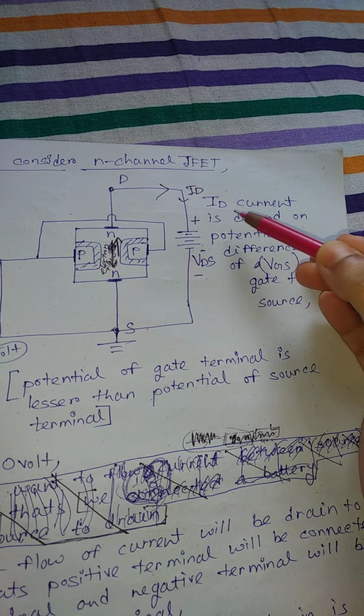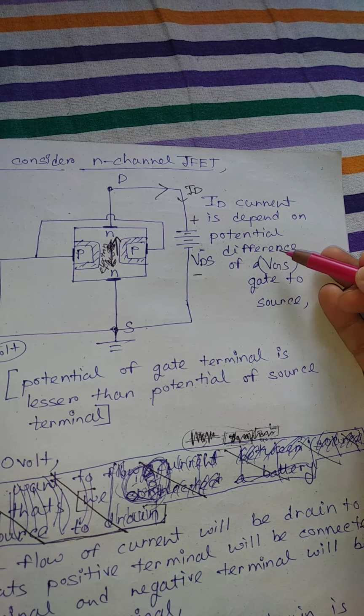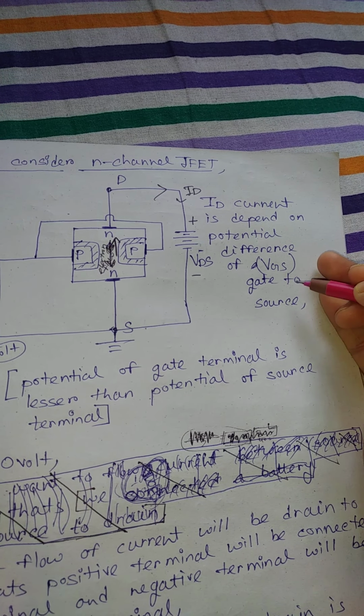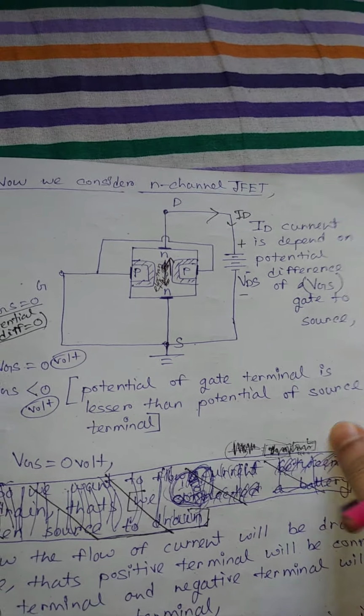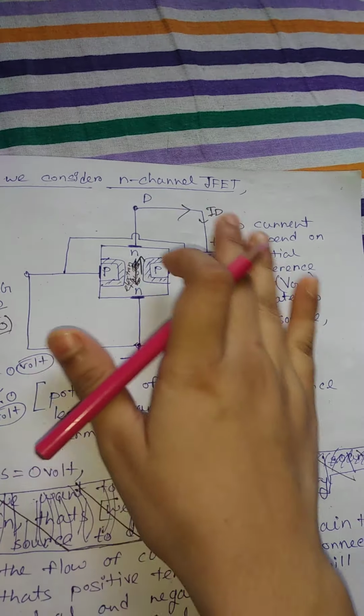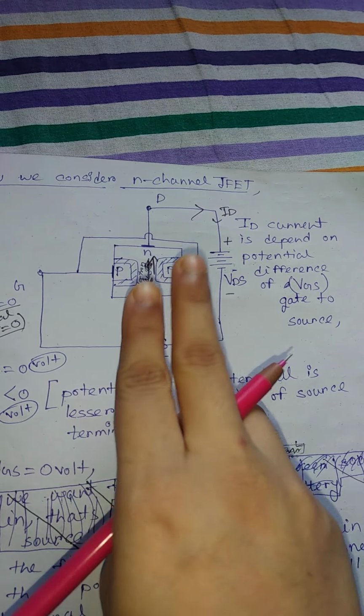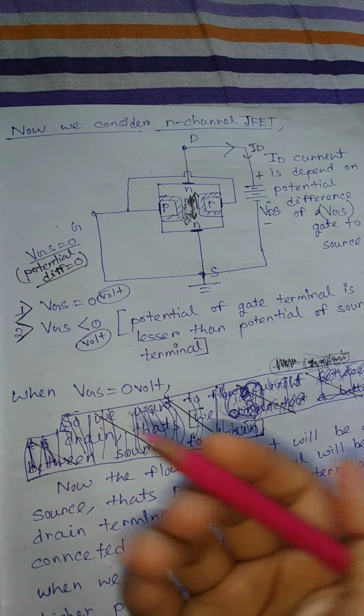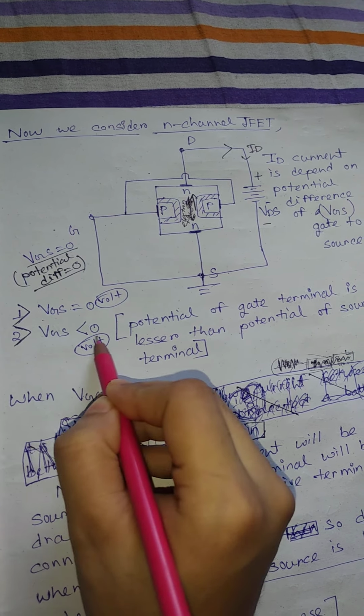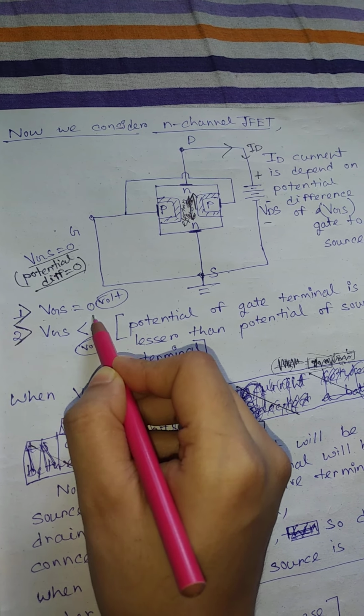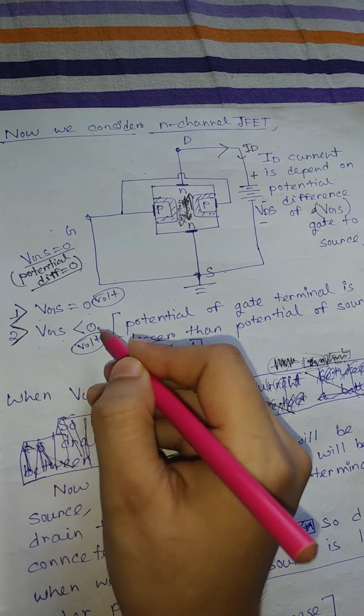The ID current depends on the potential difference VGS, gate to source. Now we are considering two conditions: VGS equals 0 volt and VGS less than 0 volt.